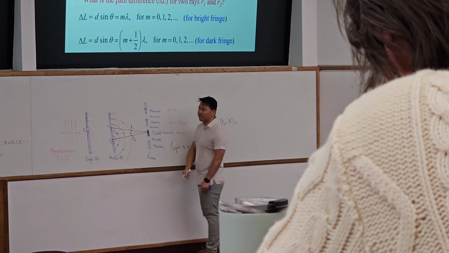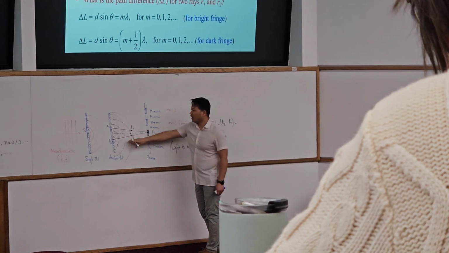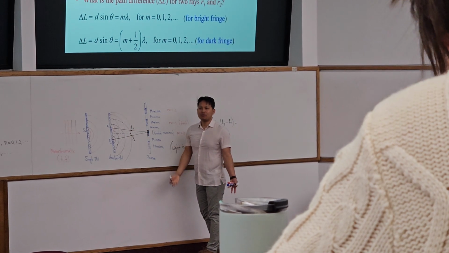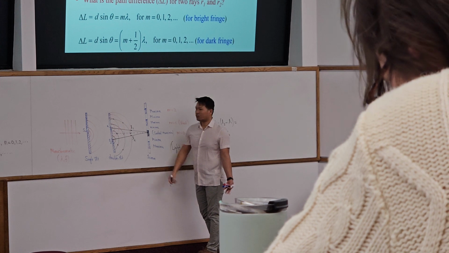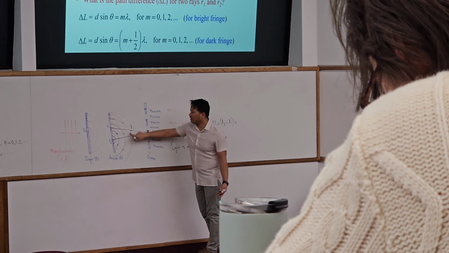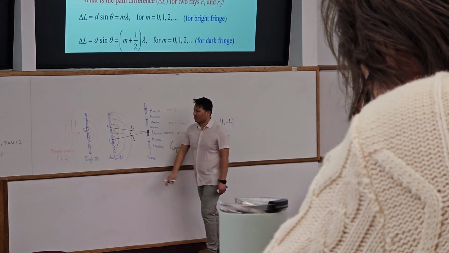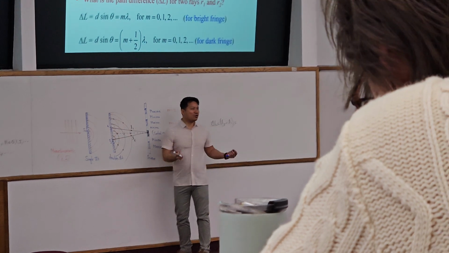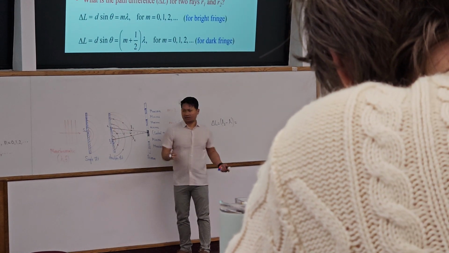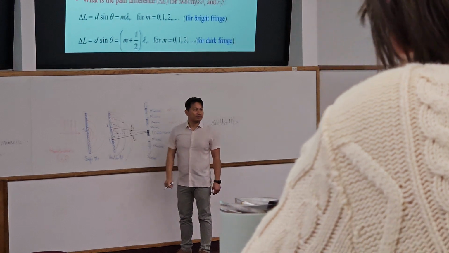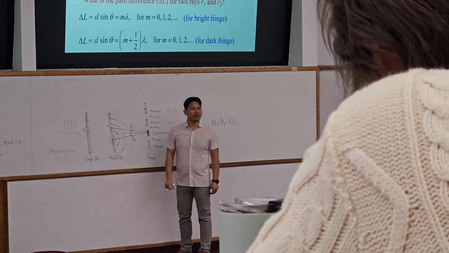Because this point is at the center, L1 should be equal to L2. You can prove it geometrically. You have two triangles over here, and this side is the common side. And this is a 90-degree angle. You can prove geometrically that this length is equal to this length. You can do the geometry, okay?